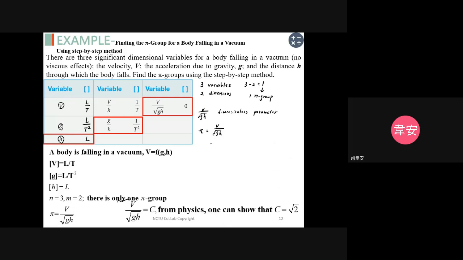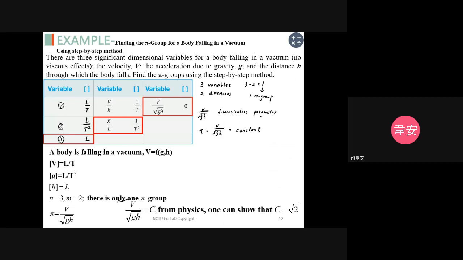After the dimensional analysis, we only know that there is one pi group and it is equal to a constant value, but we don't know the constant coefficient.